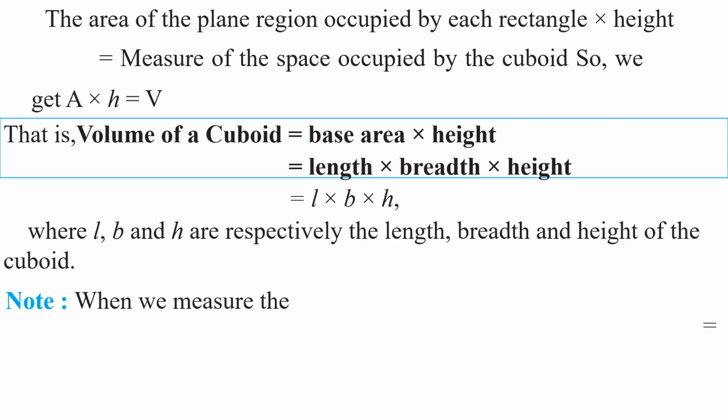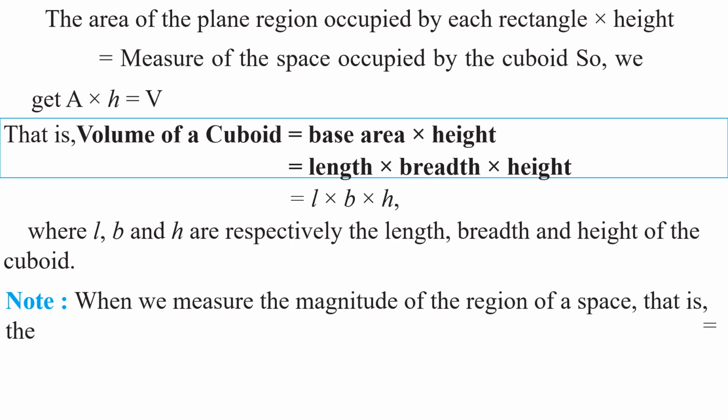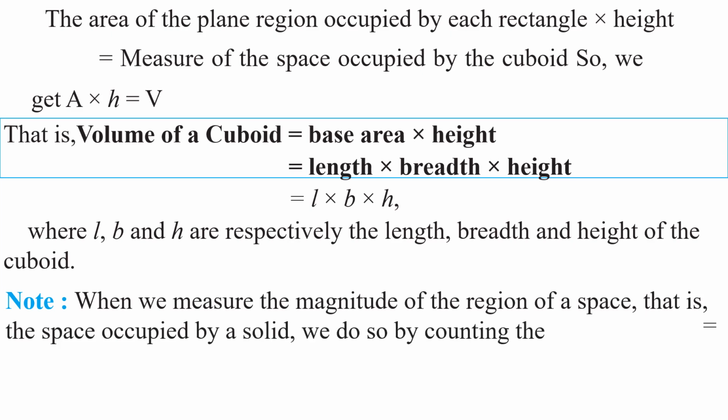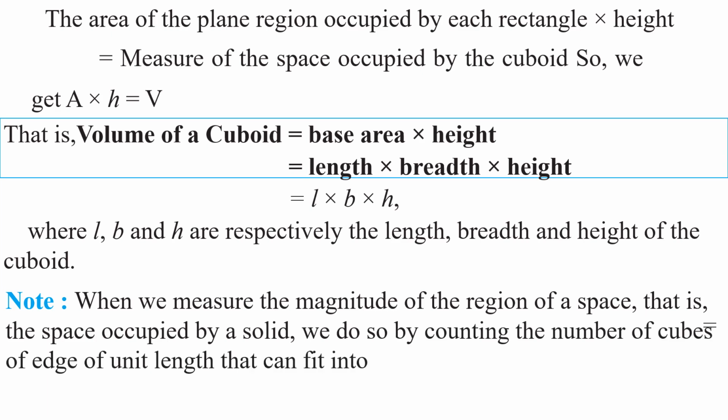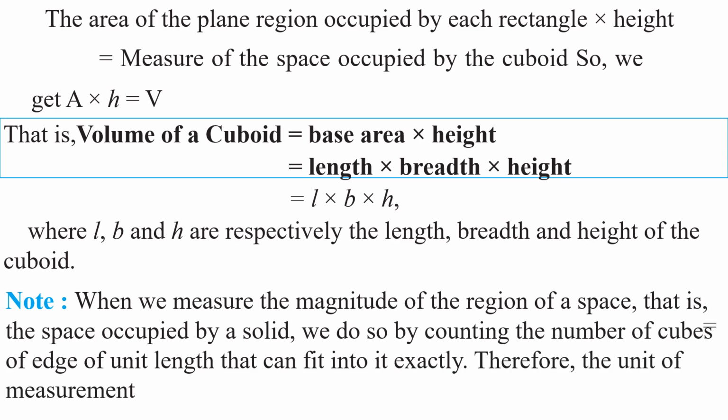Note, please remember this point, my children. When we measure the magnitude of the region of space, that is the space occupied by a solid, we do so by counting the number of cubes of edge of unit length that can fit into it exactly. Therefore, the unit of measurement of volume is cubic unit.